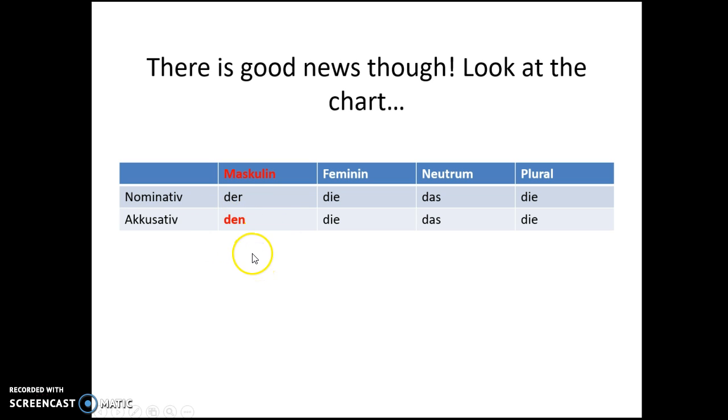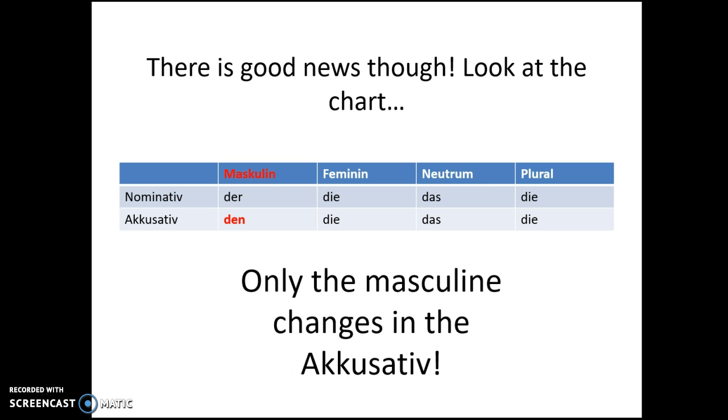So even if a sentence has the accusative, it only really matters to us if the direct object, or the receiver of the action, is masculine. If it would have that der form of the normally, it will change to den when it's the direct object. So this is going to seem really confusing, but it's going to make more sense once we put it with some examples. So like I said, only the masculine changes in the accusative.